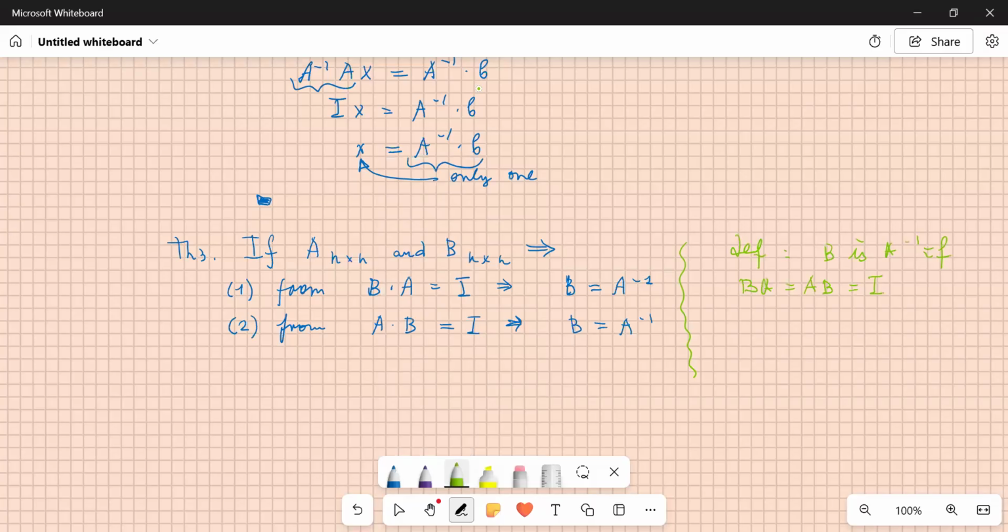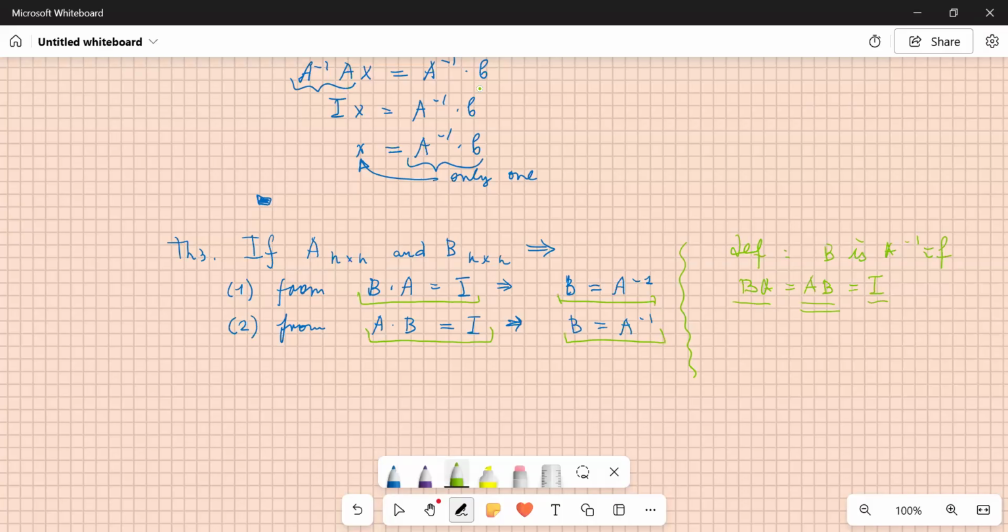So we call matrix B the inverse of matrix A if we multiply that matrix B on the left and on the right side of A, and we still get identity. What are we trying to prove? That if we only have half of the statement, this one, it's already going to be the inverse. Or if we only have the other half of the statement, the second one, it's already going to be the inverse. So basically, when we prove this theorem, we don't need to prove both of these: BA equals AB equals identity.